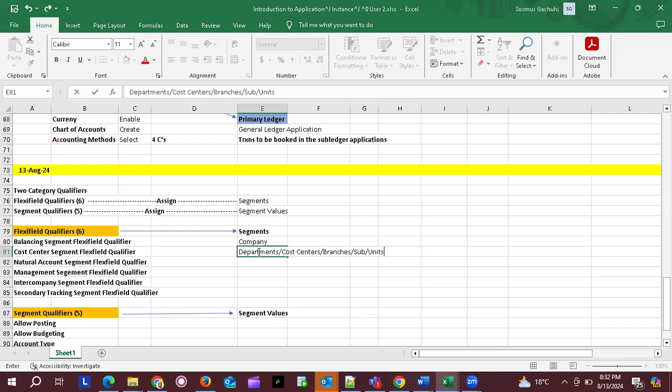You can name them as much as they may come up. And for natural account, we assign it to accounts, account segment. And this one I can say company segment.